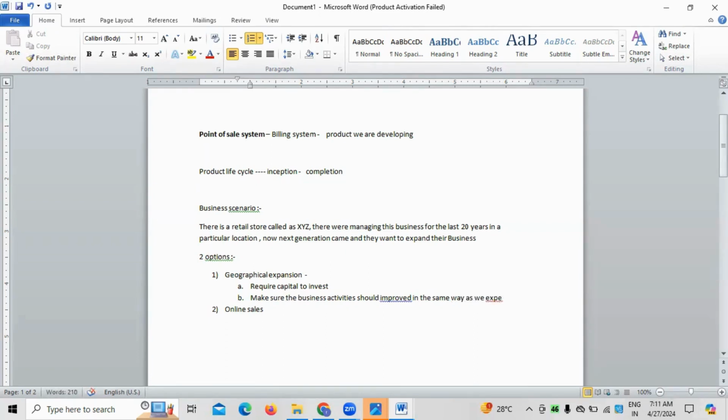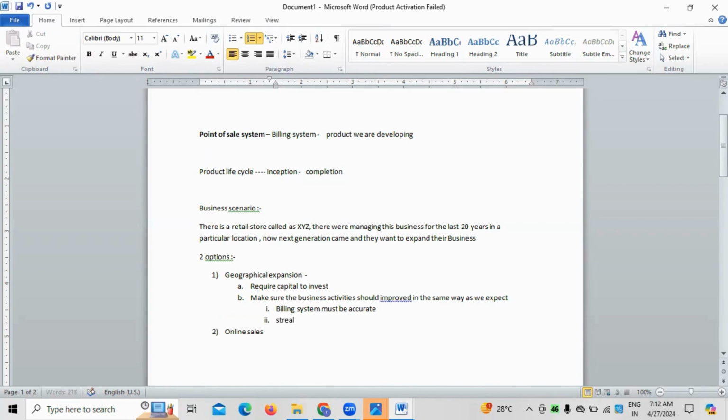So what are the business activities here? The billing system must be accurate. Point number one. With multiple stores, where you have one POS, you require 5 POS. The billing system must be accurate.